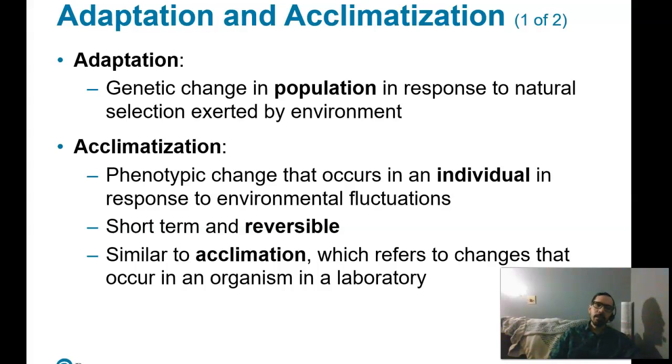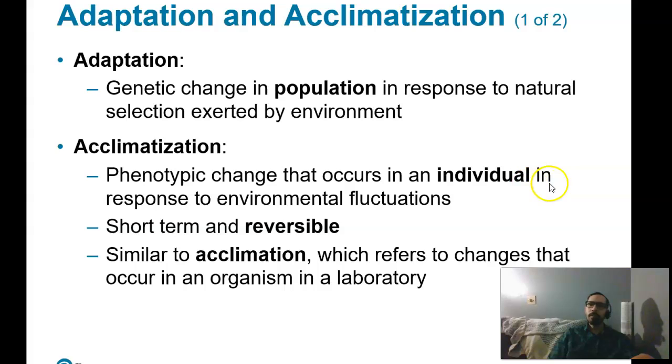An adaptation is a genetic change in a population that is a response to natural selection exerted by the environment. And that's different than acclimatization, because acclimatization is a phenotypic change that occurs at the individual level. Adaptations are occurring at a population level.